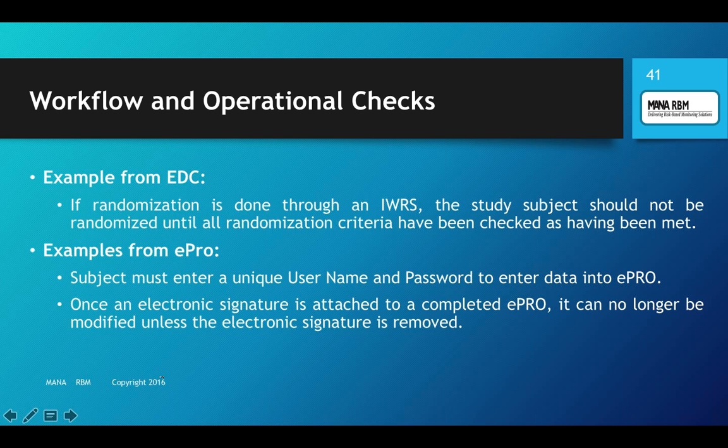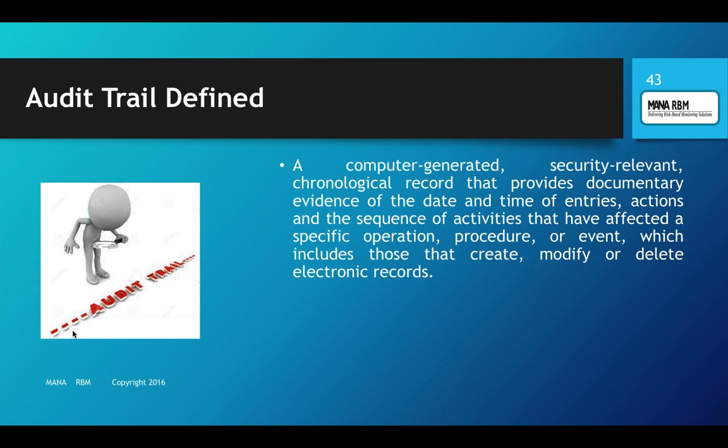Most of you may have run into that with your EDC systems, but the idea is that when somebody attests that their information is correct, you can't go back in and change it without that person removing the signature so that you can update the data. So those are the kinds of operational controls, going back to what we talked about with risk, that you often want to build into your systems so that you're able to more carefully control your high-risk areas.